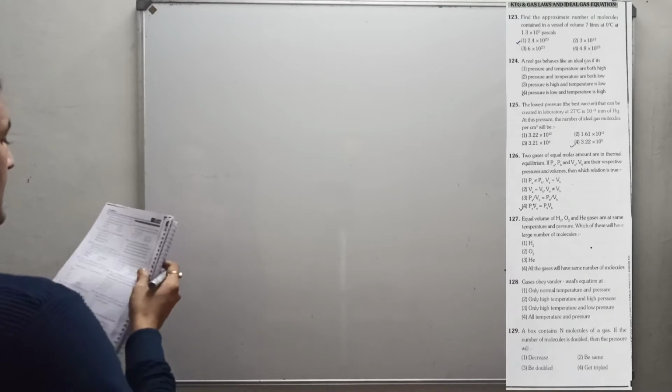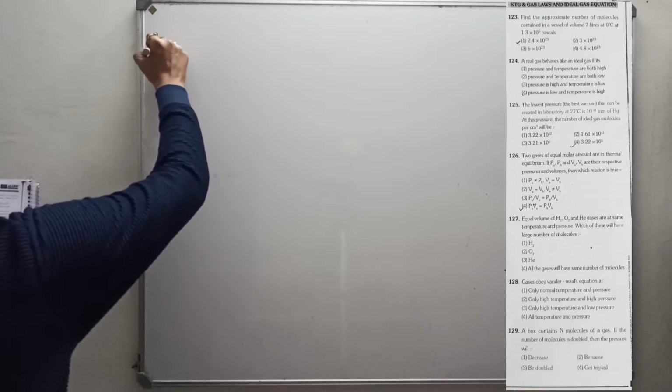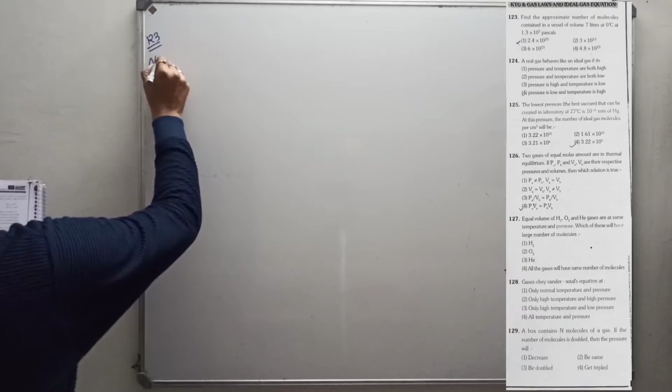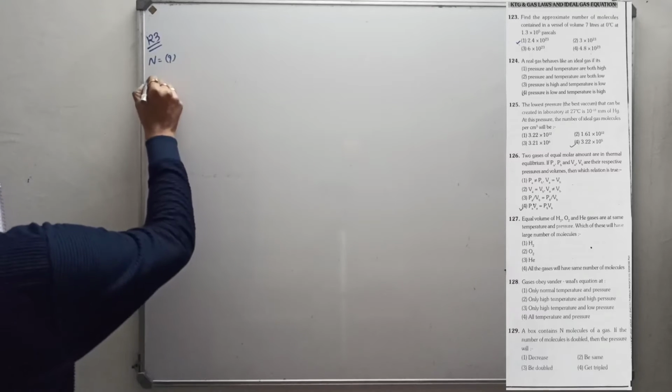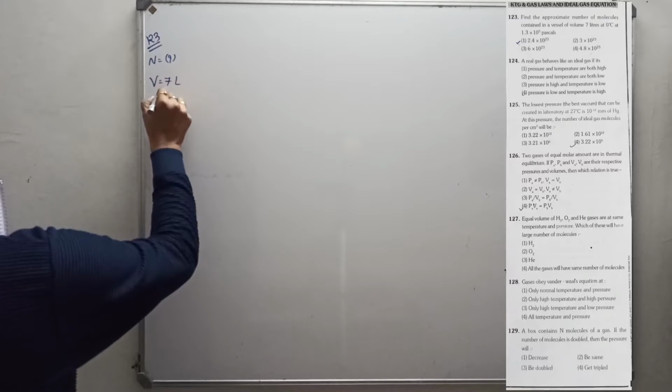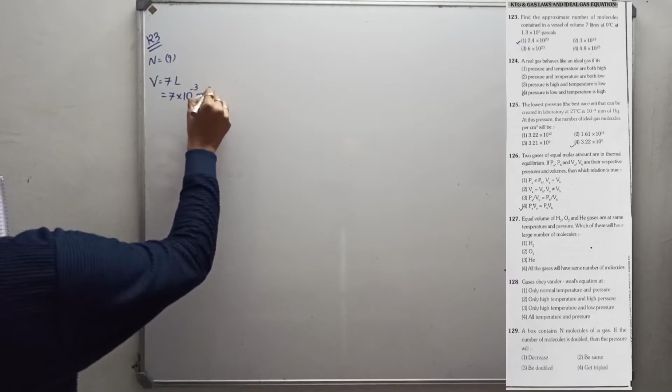Find the approximate number of molecules, n, contained in the vessel of volume 7 liter. V is equal to 7 liter, 7 into 10 raised to minus 3 meter cube.